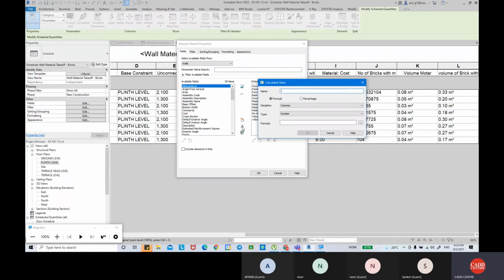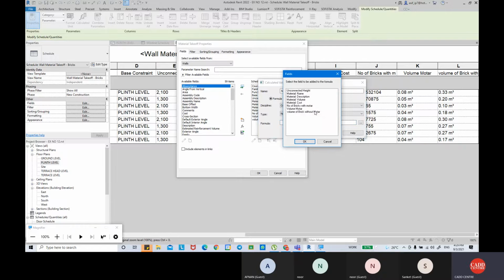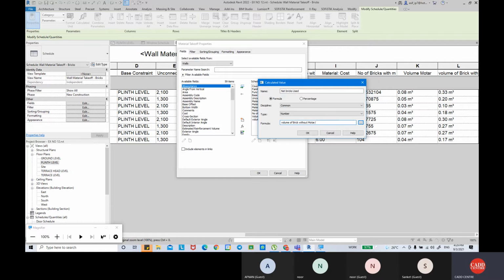Create a formula for that, bricks used. The formula for this would be volume of brick without MOTAR, divided by one volume of brick. So the volume of one brick was 0.002 cubic meter.